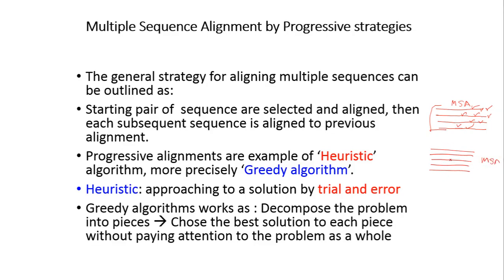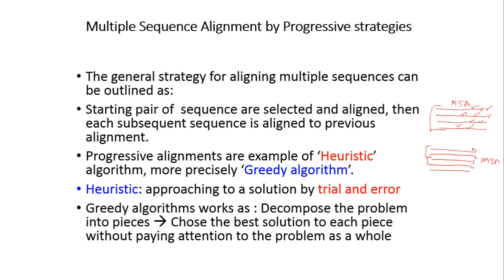You would decompose this bigger problem into smaller problems, like doing pairwise alignment of sequences 1 and 2 separately, then pairwise alignment of 3 and 4 separately.